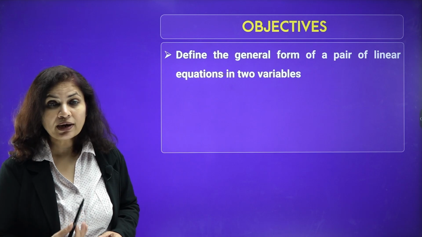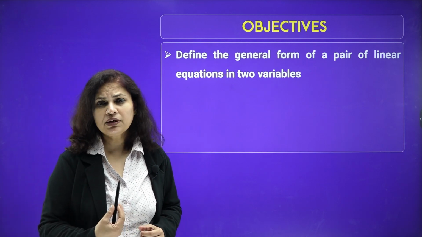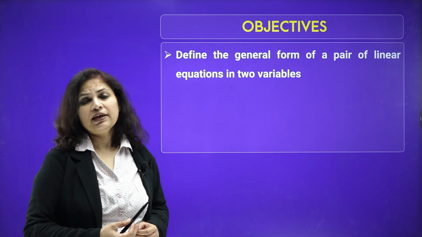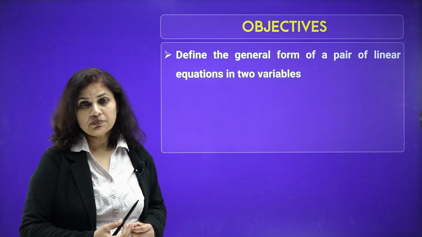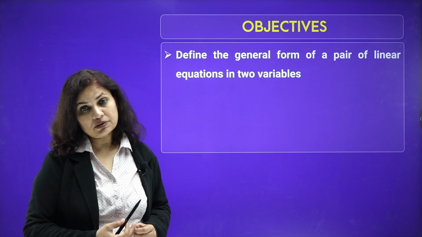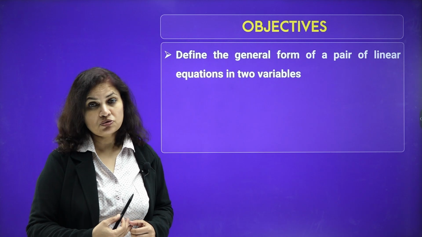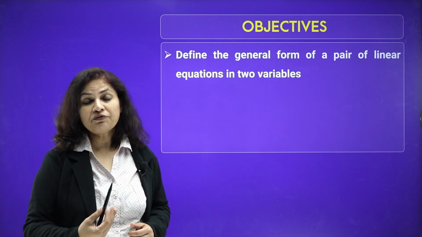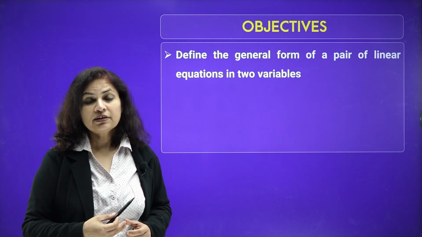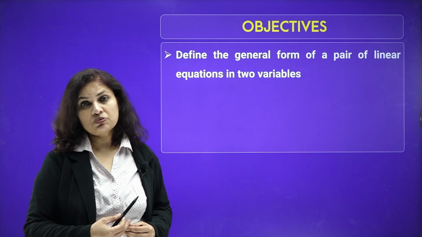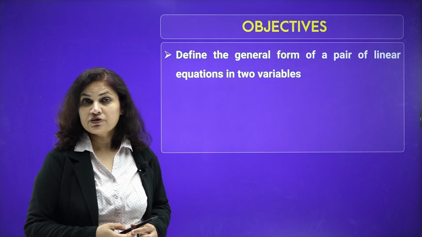If we have one unknown variable, we require only one equation to solve it. If we have two unknown variables, we require two equations to solve it. And since we will have two different equations, the graphical representation of those two equations will be a pair of straight lines.